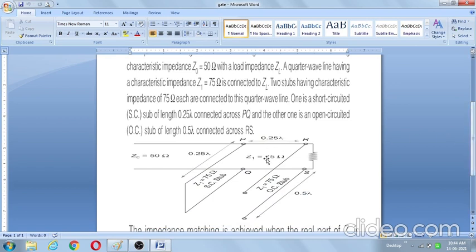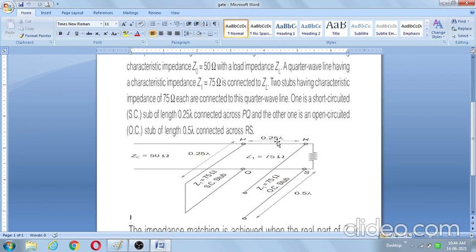So this is the given transmission line. Here, 50 ohms characteristic impedance. This is a short circuited stub having length 0.25 lambda, that means lambda by 4 transmission line, whose characteristic impedance is 75 ohms.